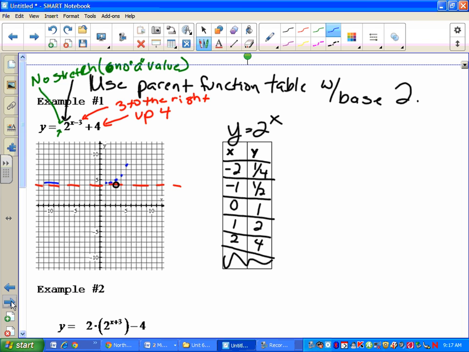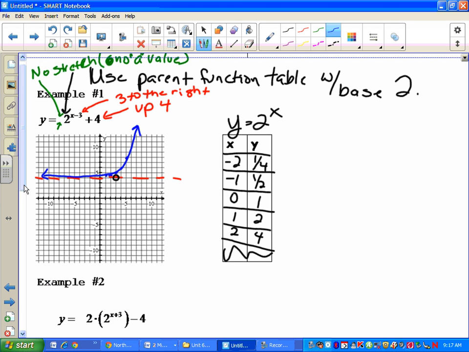Draw it in and you're done. Can't get much easier than that, can it? Okay. Questions, comments, or concerns for that?